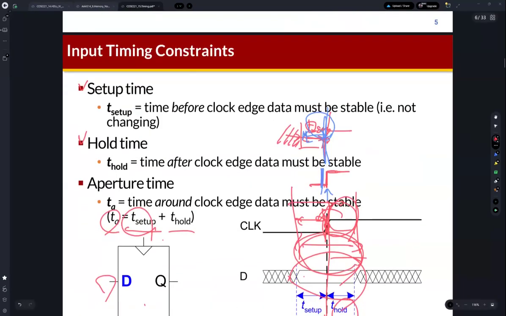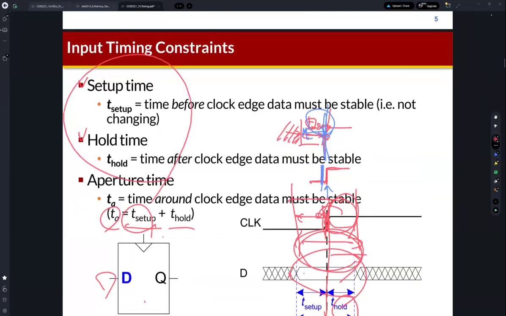But for D flip-flop, there is some timing constraint between the clock edge and input signals. This is the unique timing constraint of D flip-flops, and it's very critical, very important. This timing constraint explains some timing characteristics of D flip-flop for the input signal.